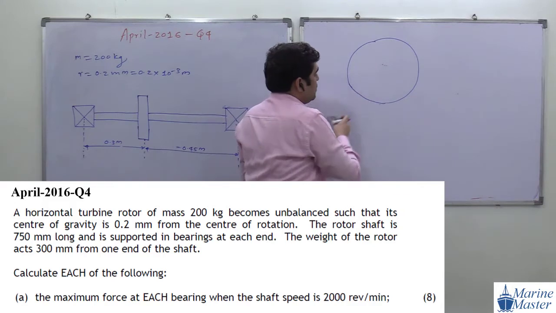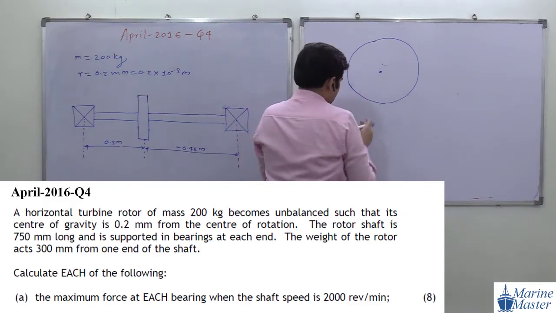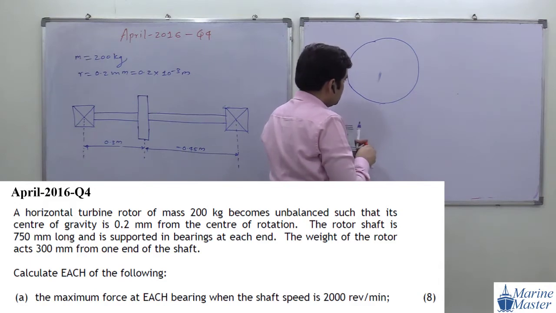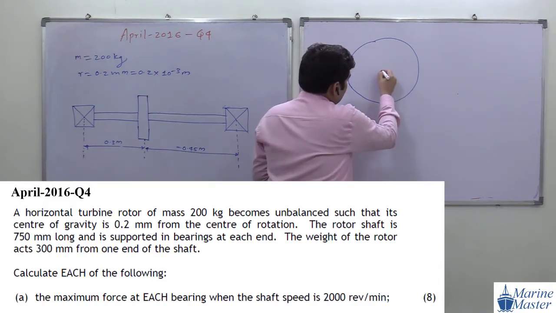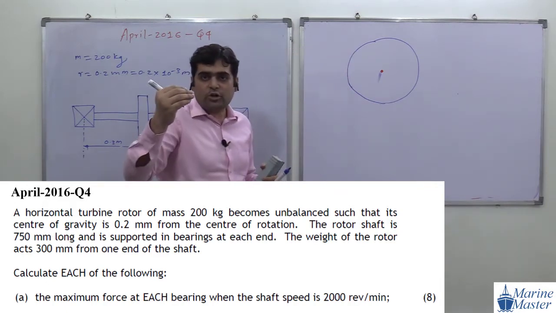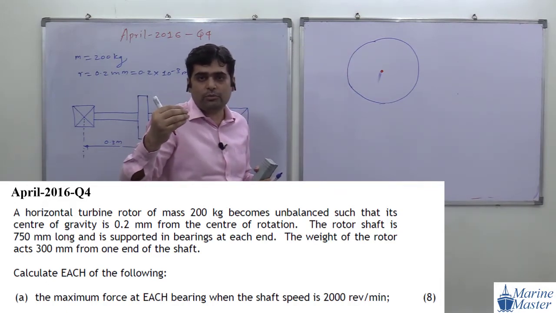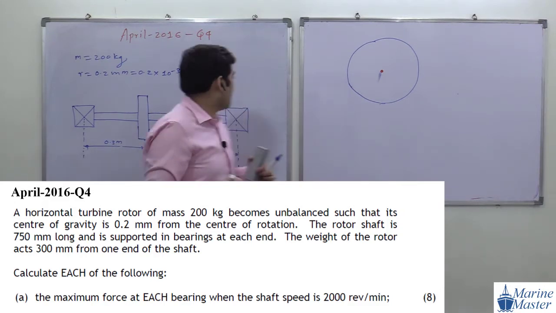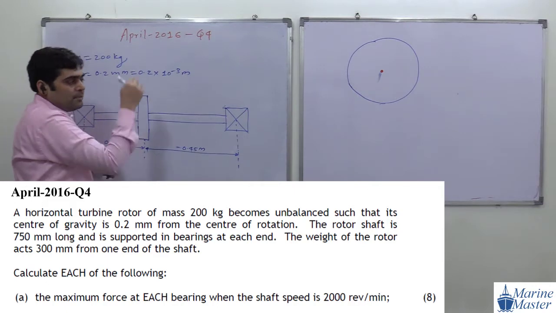And the center of gravity is 0.2 mm from the center of rotation. It is shifted by 0.2 mm.